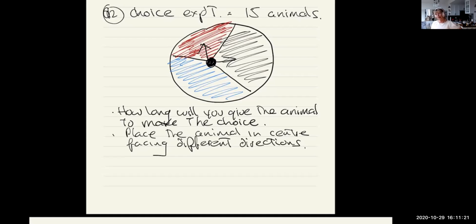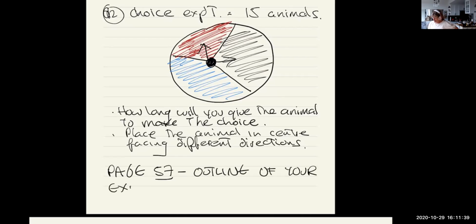Okay, so you need to fill out, after you figured all this out, page 57. That is called the outline of your experiment. Page 57 in your lab manual, and it's called Outline of Your Experiment.